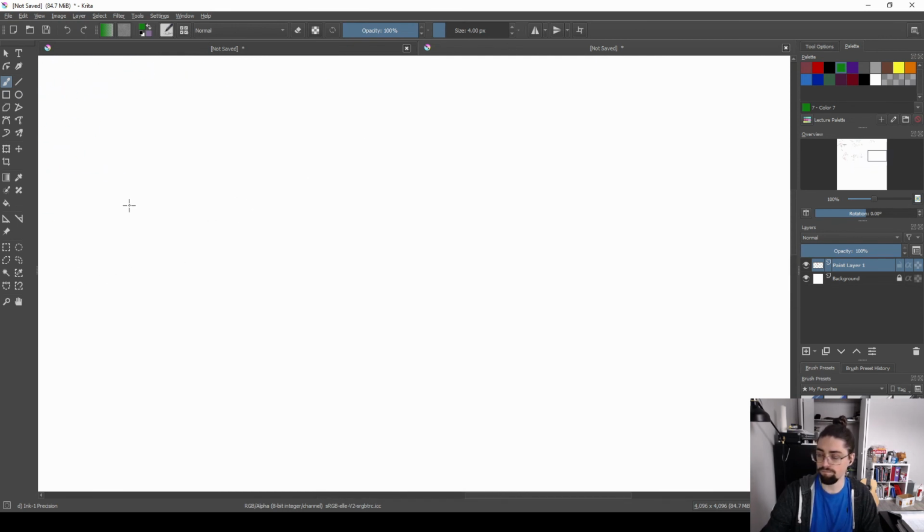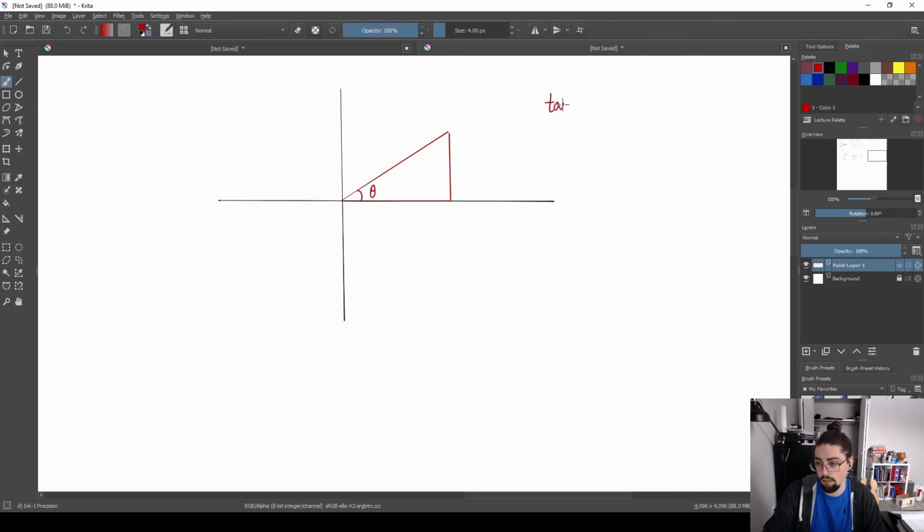Let me draw some axes real fast. If I have something like this, and I had some sort of arrow going from the origin like this, some sort of triangle perhaps, could we say that for this angle theta right here, tangent of theta would be equal to opposite over adjacent, right?